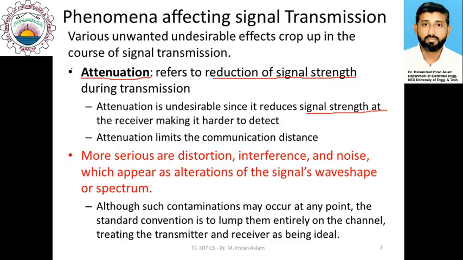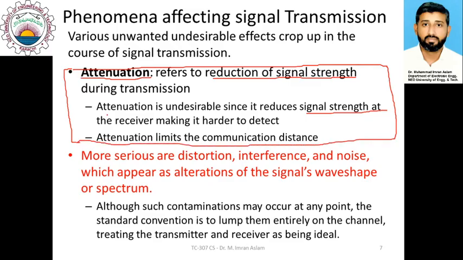Although attenuation is a degrading phenomenon, it does not severely affect the signal because it only reduces the power, but it does not change the waveform shape. Because a signal is represented as an electrical or current waveform, it does not change the shape of the waveform.